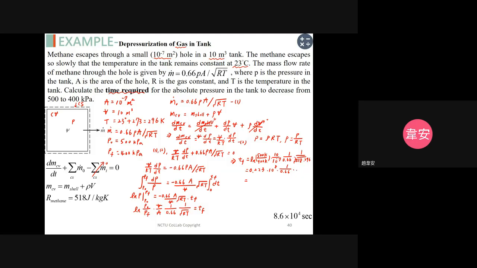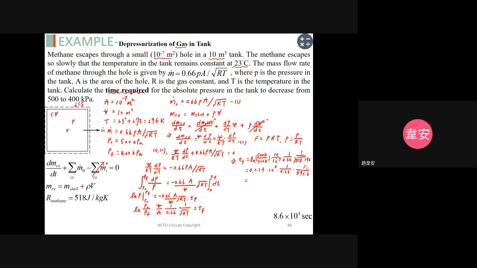So this is again the root of 518 multiplied by 296, which is equal to 391.6 over 1.